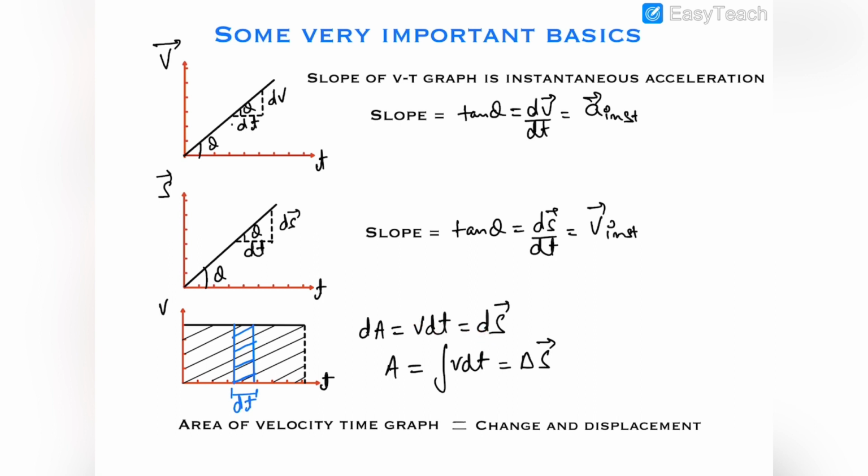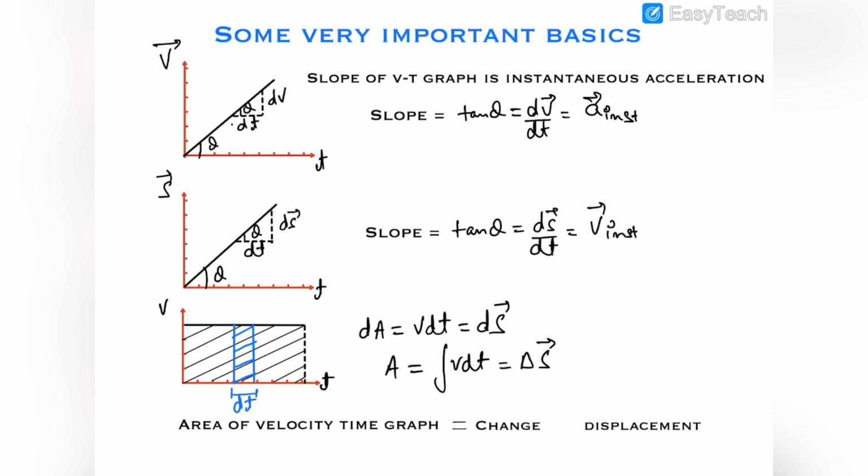So I can say that the area of this small element gives a small change in displacement, and if I integrate the complete section and find the total area, then that total area would give the total change in displacement. So I can say that the area of velocity time graph gives change in displacement. This is not displacement, in fact this is change in displacement.